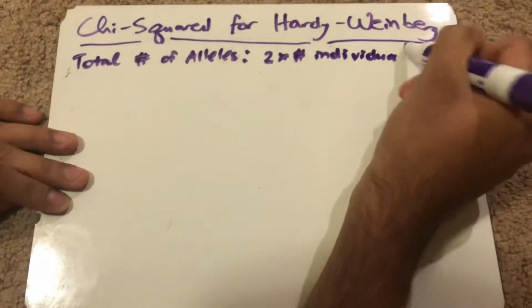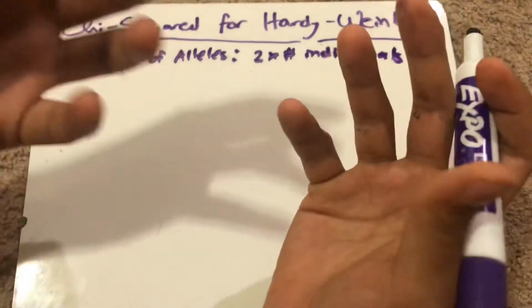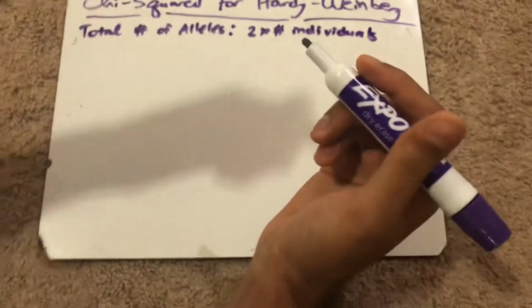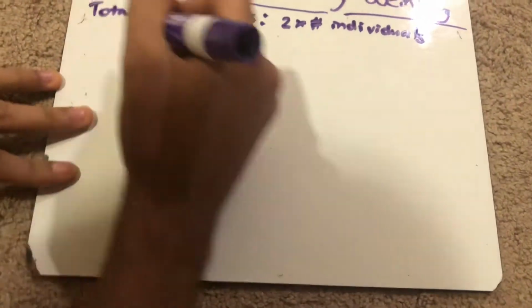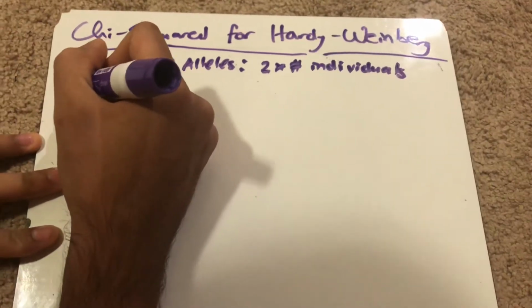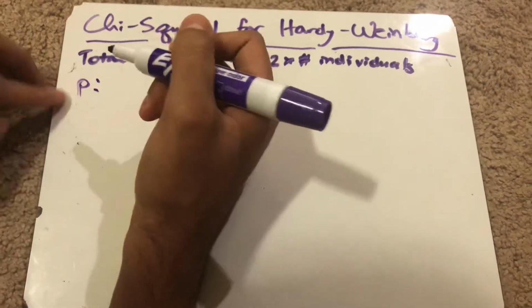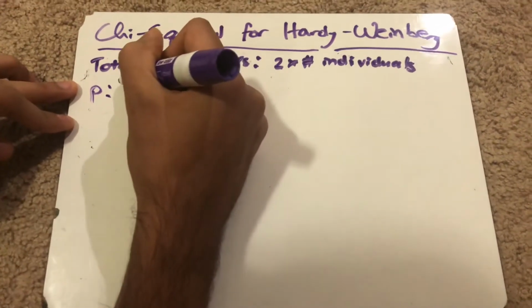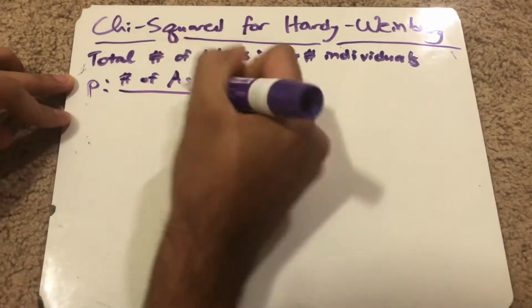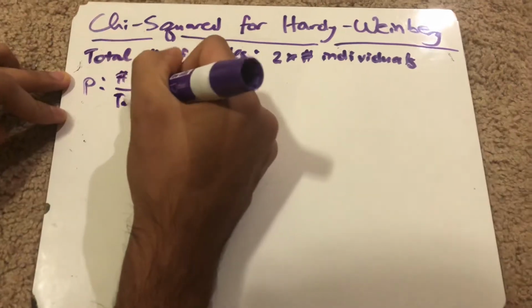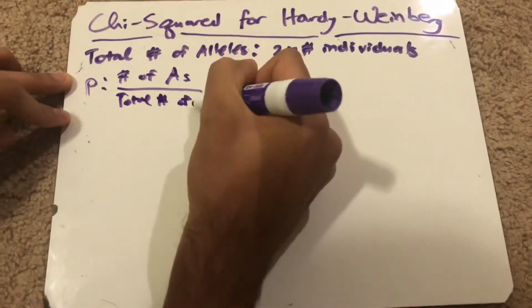Hopefully that makes sense how I explained it, because if there's 100 people, there's 200 alleles because each of them has 2 alleles. Now, how do we figure out what P is? Well, P is going to be the total number of A's, the dominant alleles, over the total number of alleles. Okay?